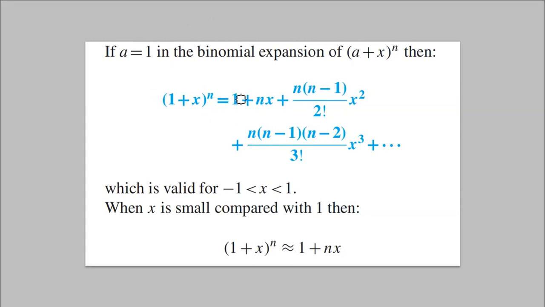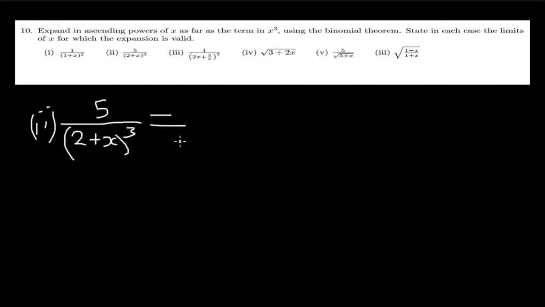So meaning we have to convert it into this form. And how are we going to do that? Let's see. So first of all, we can write it in this form, which is going to be like this: (2 plus x) to the power 3. But remember, this time around, this thing is supposed to be negative.